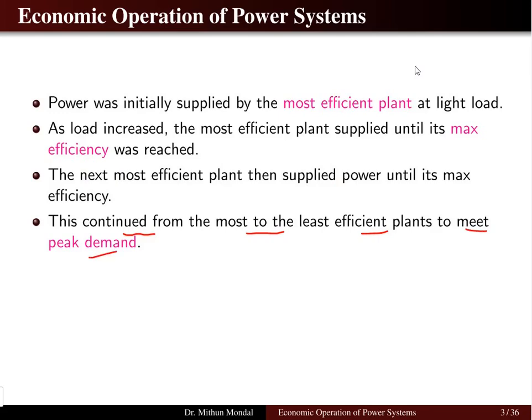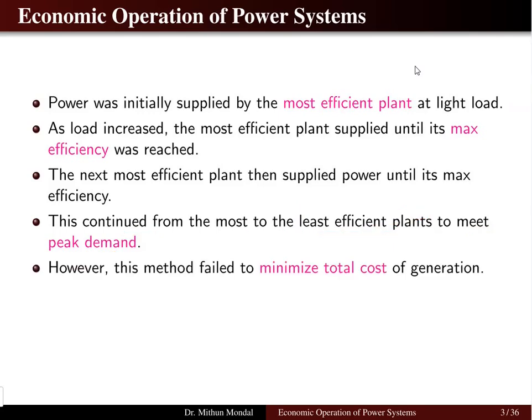However, this method failed to minimize the total cost of generation. The cost of generation is not minimized with the method we follow here, going from the most efficient plant to the least efficient plant.